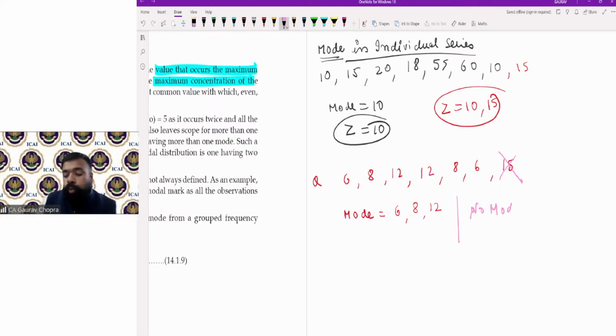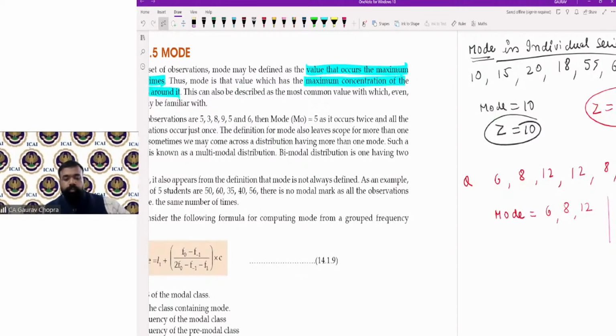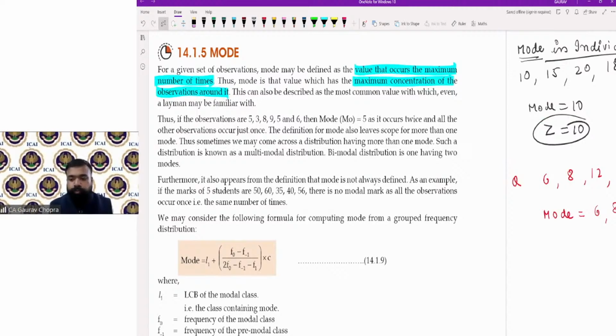There is no mode because in this series there is no highest concentration. यहाँ पर ऐसी कोई वैल्यू नहीं है जो सबसे ज्यादा रिपीट हो रही है. All are getting repeated equal number of times. जब सब equal है, that means there is no maximum point. जब कोई maximum point नहीं है, so there is no mode, or we can say mode is not available. All right. So there will be no mode.